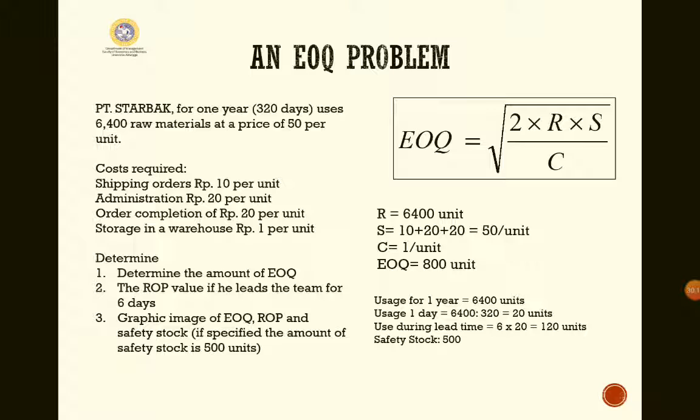PT Starbucks, for 1 year, we assume 320 days, uses 6,400 raw material. So we have the data given, R. This is our R, at a price of 50 per unit.